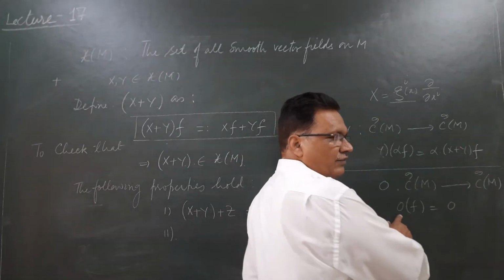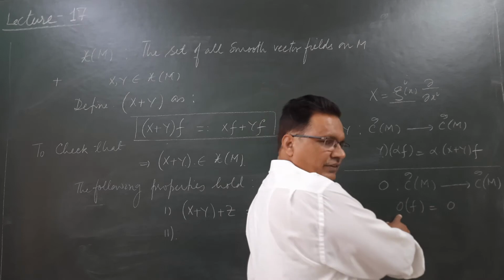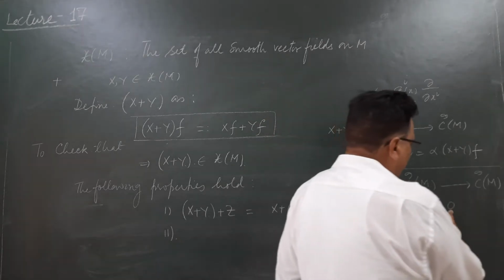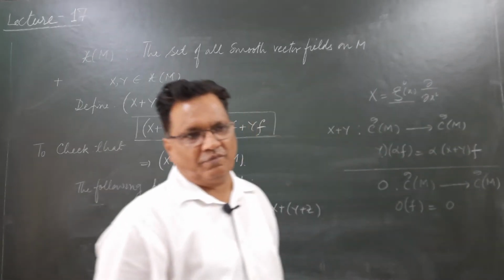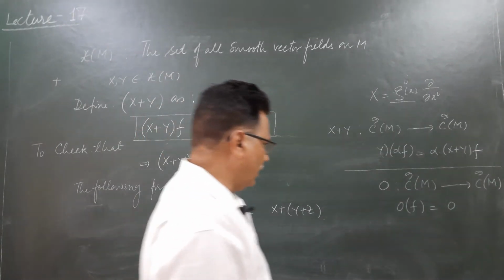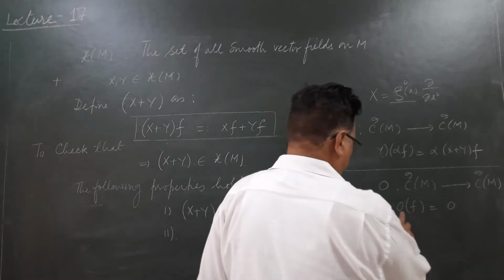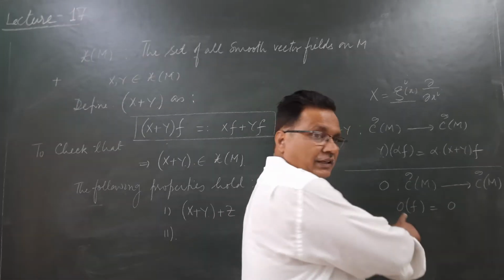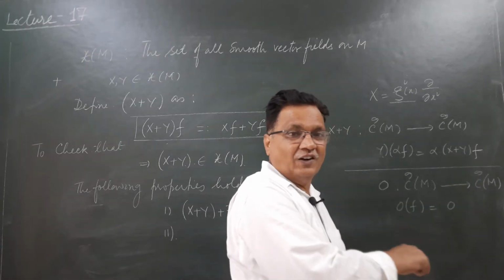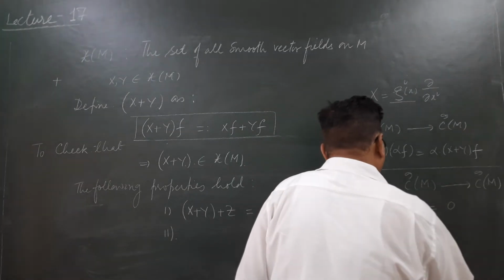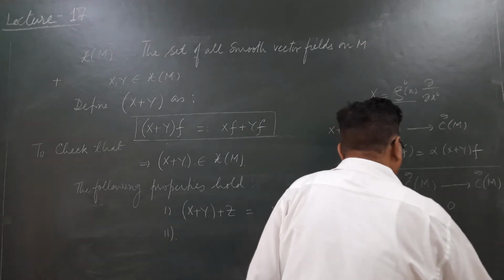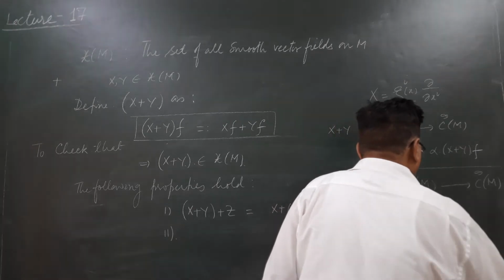ये कॉन्टेक्स्ट से आपको पता चल जाएगा. द ज़ीरो इन द लेफ्ट हैंड साइड इज़ ए वेक्टर फील्ड and this zero is actually a C infinity function on M. Okay. Now I have to see whether such an object is actually a vector field or not. So I must first of all check over here that it satisfies the two properties.